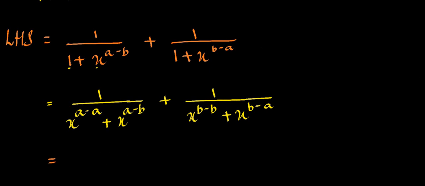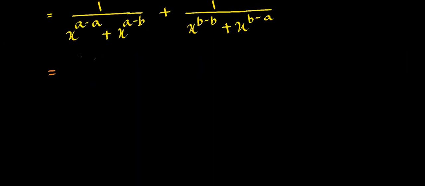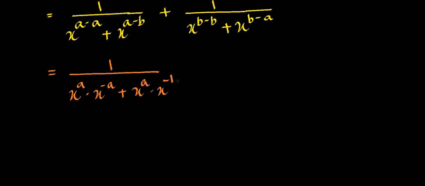Further we say that is equal to 1 upon, now children try to understand what happens over here. We will split our bases. We will say x raised to a into x raised to minus a plus x raised to a into x raised to minus b. Okay, I'm splitting.